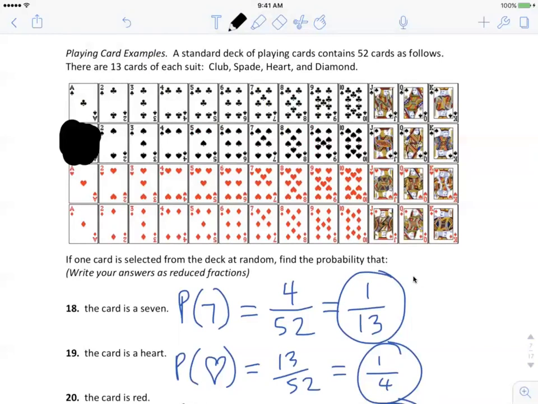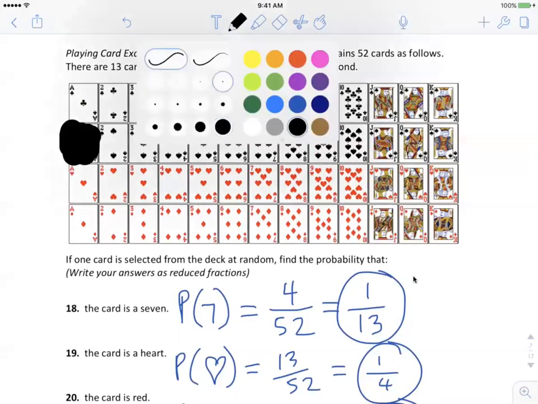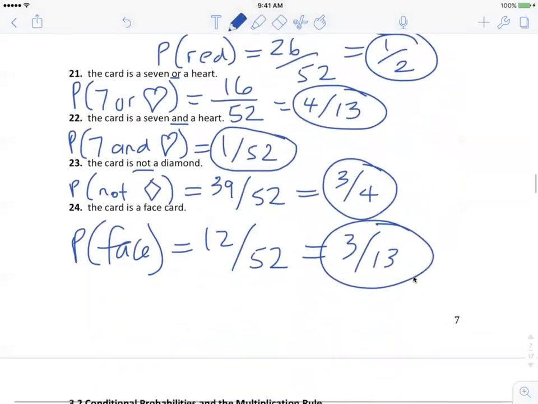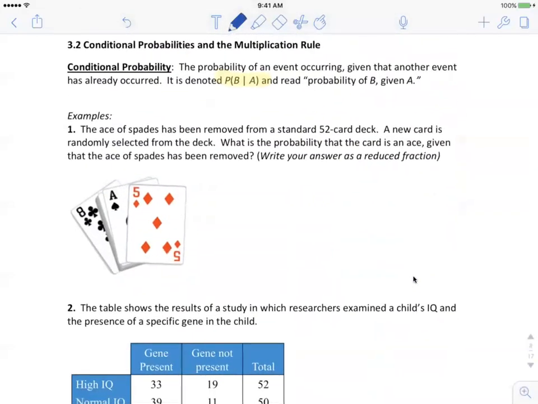All right, so I can go back down to my problem and write that. The way I would write that is the probability that we select an ace, given that, let's say, the ace of spades has been removed.